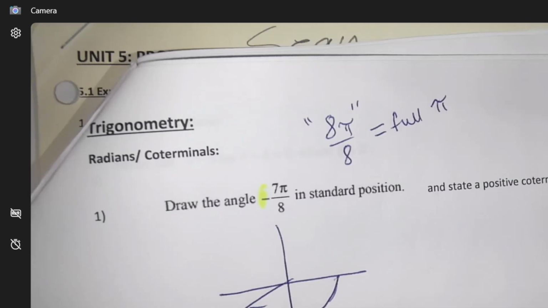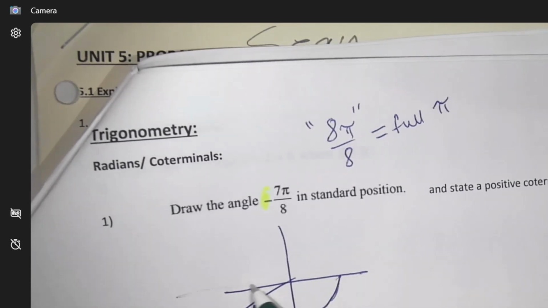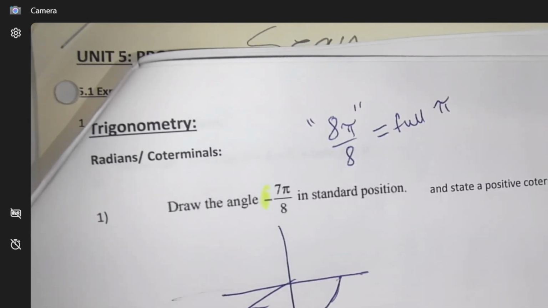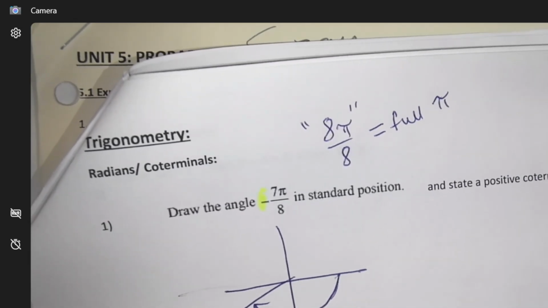Does that make sense, what my strategy was? Basically, if this is 1 pi, you're going to go 7/8 of the way there. So that's full points. You showed me where it was and how it swiveled.